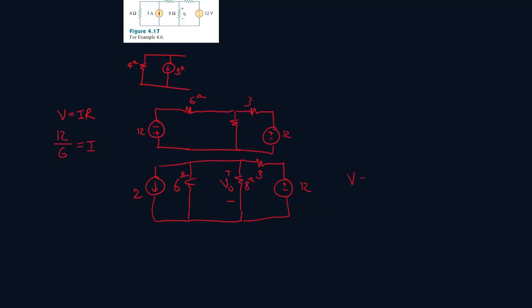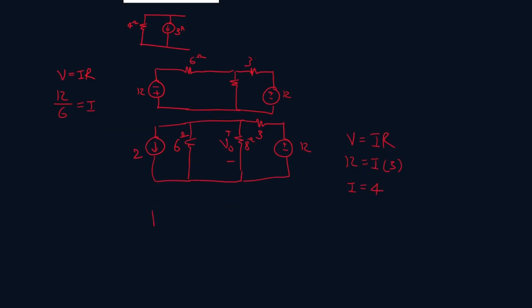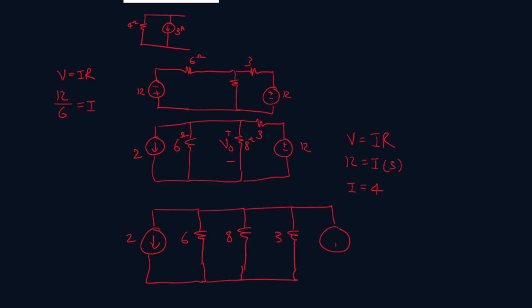If V equals IR and V is 12 and R is 3, then I will be 12 over 3, that's 4. So we can rewrite this circuit again like this. This is 8, this is 6. What I can do now is include 3 ohms here, and then add a current moving upwards, because the positive is here, of 4.